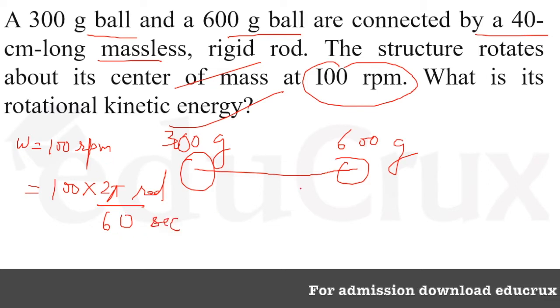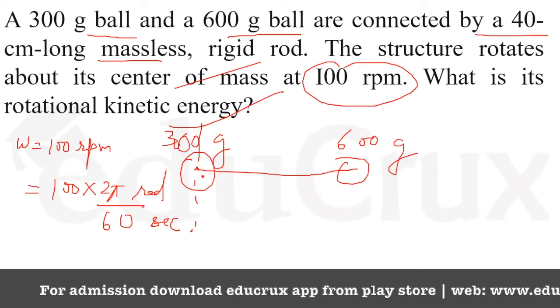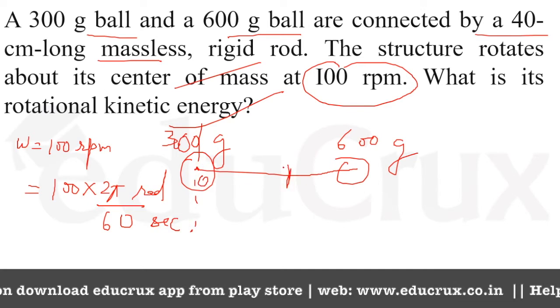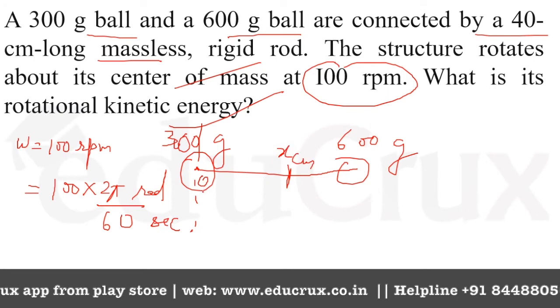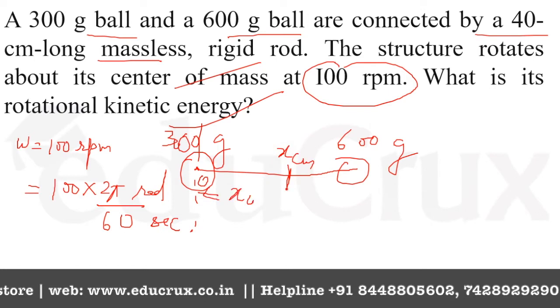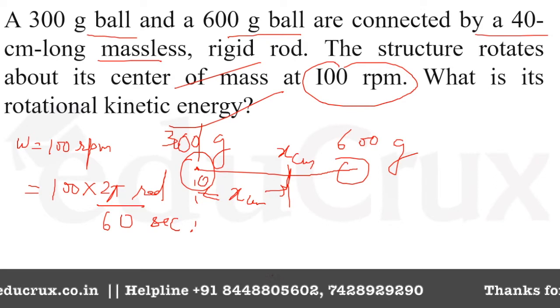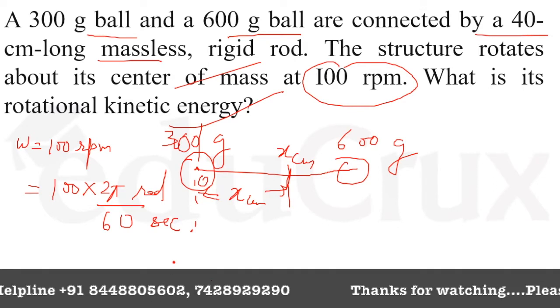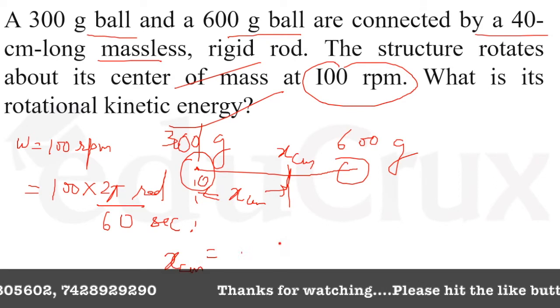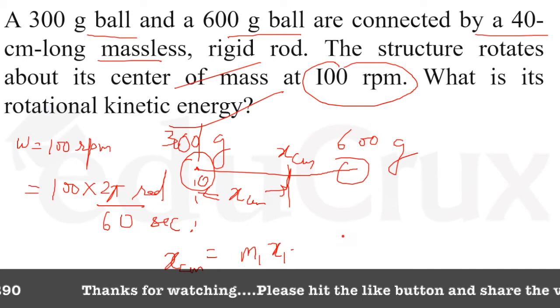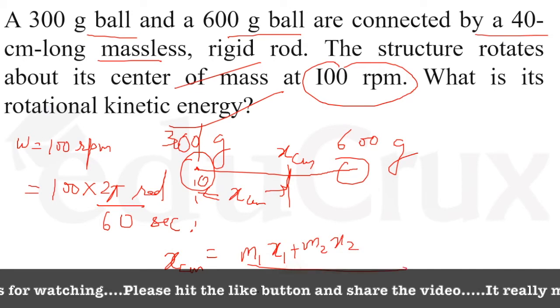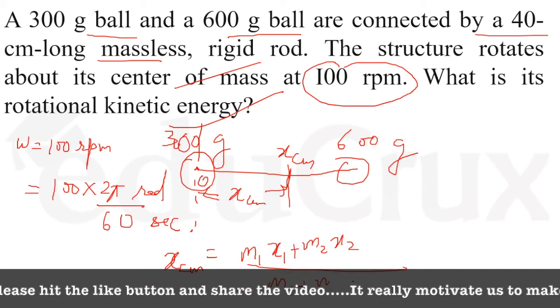Okay, now we'll take this as our reference point and we'll find our xcm. Let this distance be xcm. So how to calculate xcm? It's m1 x1 plus m2 x2 divided by m1 plus m2.